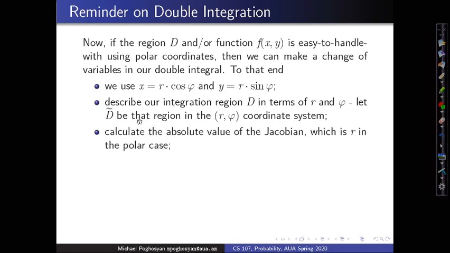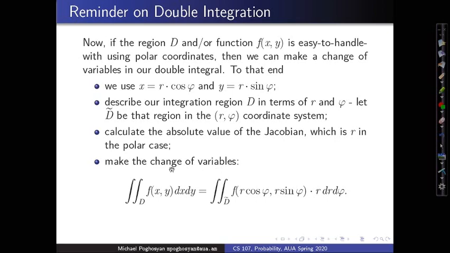Next, we need to remember to calculate the absolute value of the Jacobian, which is R in the polar coordinates case, and we are making the change of variables. So what are we doing?